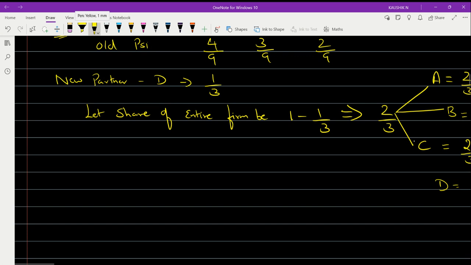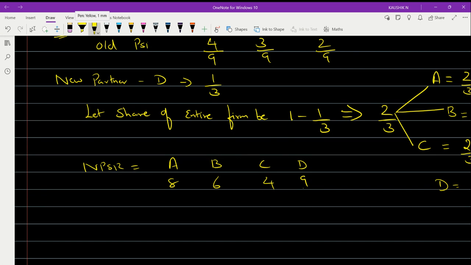Now the NPSR, the new profit sharing ratio between A, B, C, and D, is 8 is to 6 is to 4 is to 9. Now you just see whether you can go ahead with a further simplification of this ratio. Definitely not, since 9 is there. The other 3 can be simplified, but 9 can't be. So this is the final answer of NPSR.